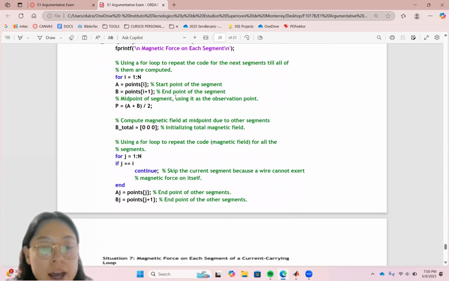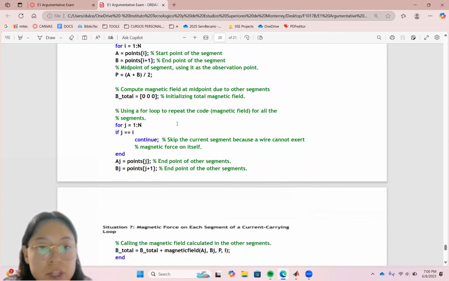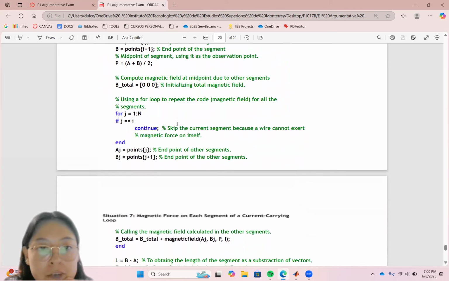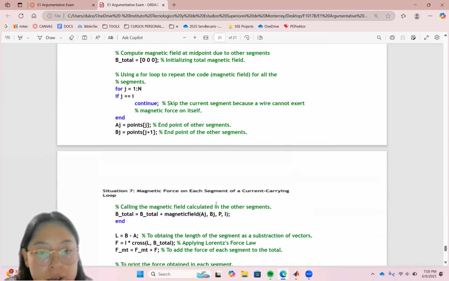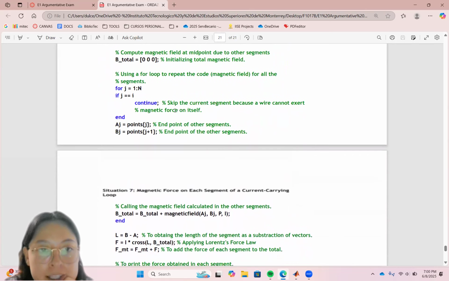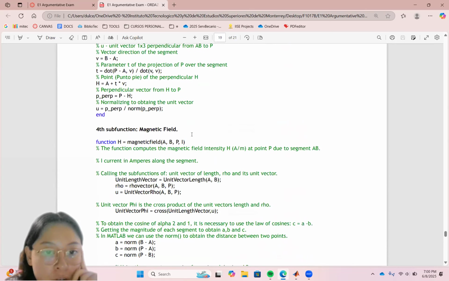And I use the midpoint as my observation point to compute the magnetic field. Then I did the same, initializing my magnetic field for all the segments. As we can see here, this part of the function is using my subfunction of magnetic field.